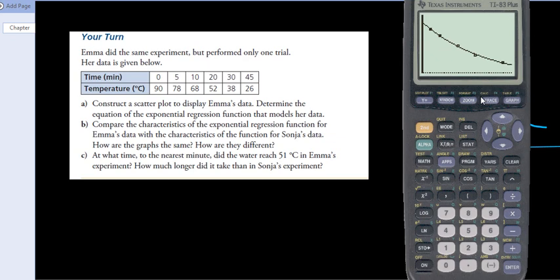Okay, so again, hopefully at this point, you're able to generate that with your calculator. If not, let's just go over those steps real quickly again here.